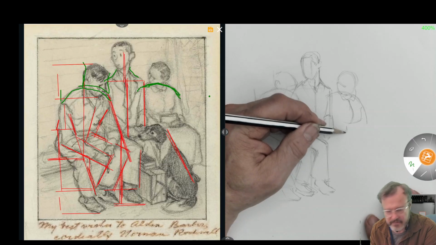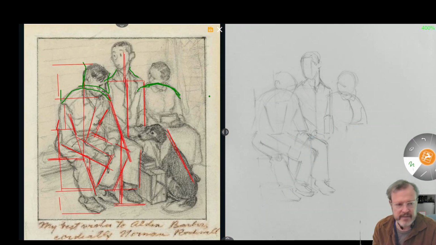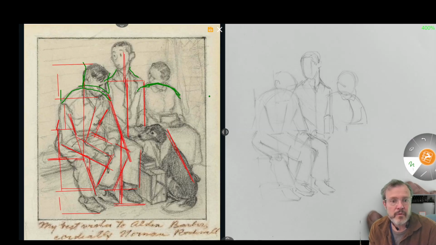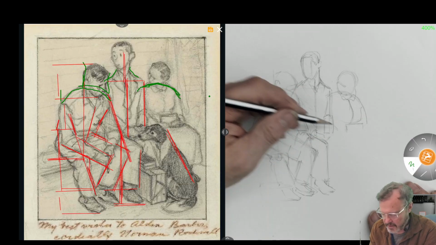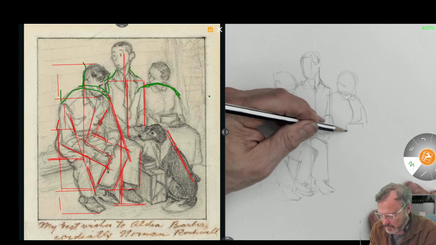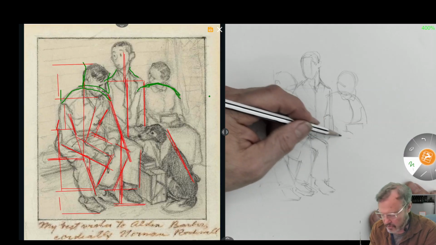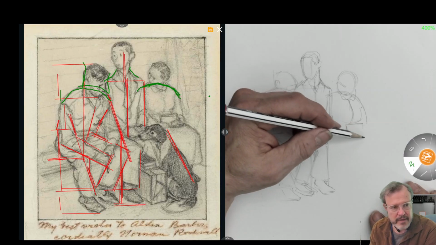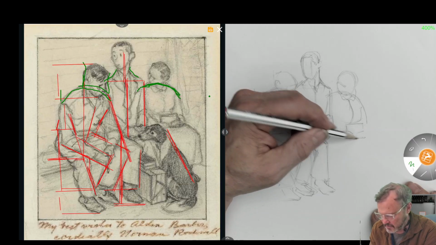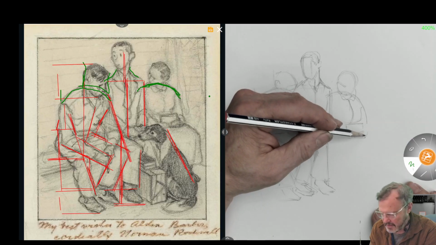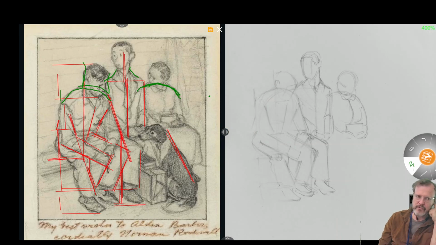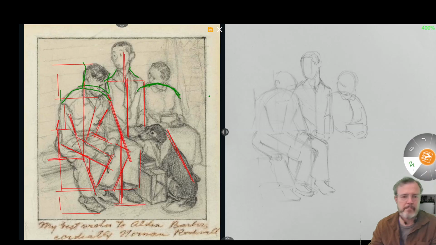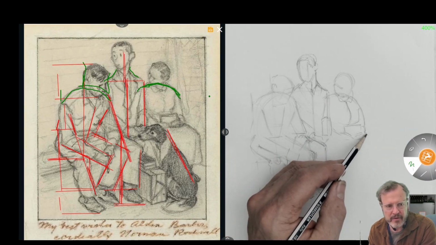A lot of my students are usually eager to get to the real drawing, and they don't want to do studies like this, but it's interesting to notice just how much Rockwell learned from this study, and he made this really radical decision to get rid of mom and move the whole scene to the running board of the truck, and really ended up with a much, much better design, I think.